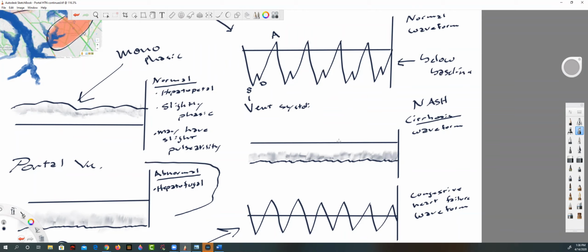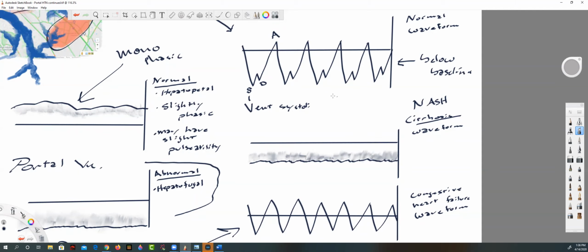So when we have a stiffened liver, and often a swollen liver, you don't get this nice multiphasic flow. You just get a monophasic flow. It's going in the right direction. This is away from the liver towards the heart, below the baseline. It's the correct direction, but it's very monophasic. And so with really fatty livers or definitely with cirrhosis, this is something we can see.